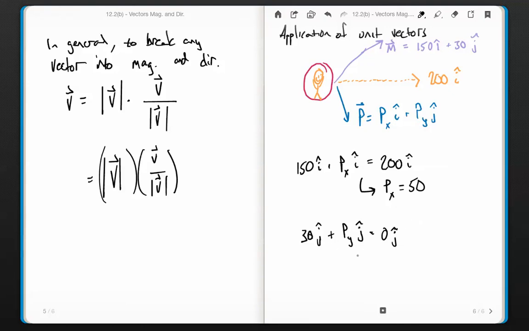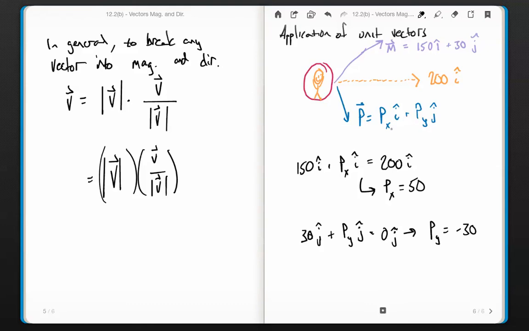And so that means that Py has to be negative 30. So that way the j components cancel out to be exactly 0, and the i components work together to be exactly 200. So we can break our forces down and just work with the i's and j's.